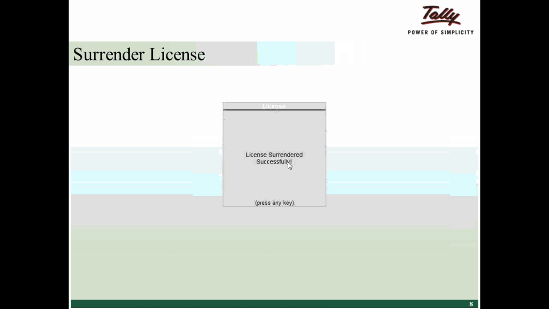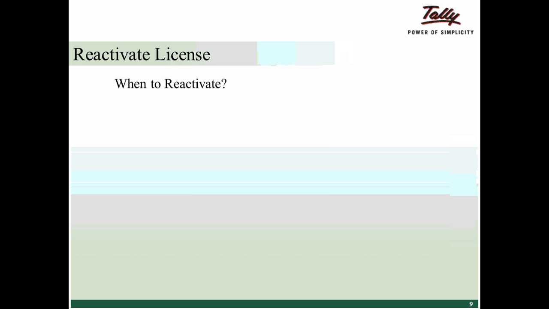So starting license will help you in activating or reactivating the license immediately. Reactivate license: as I said, once after surrendering the license, your next procedure to get the license is to reactivate. How to reactivate?